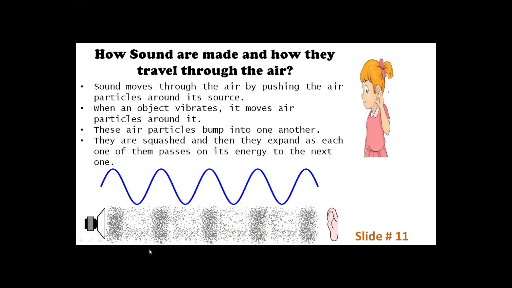The air particles bump into one another and they are squashed and they expand as each one of them passes on its energy to the next one, and this creates a sound. So we are able to hear the sound. So this is the answer to how sounds are made and how they travel through the air.